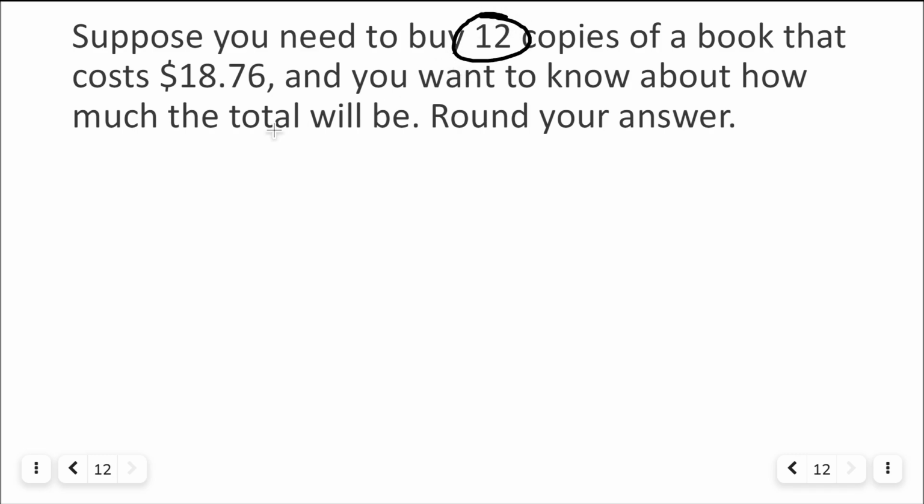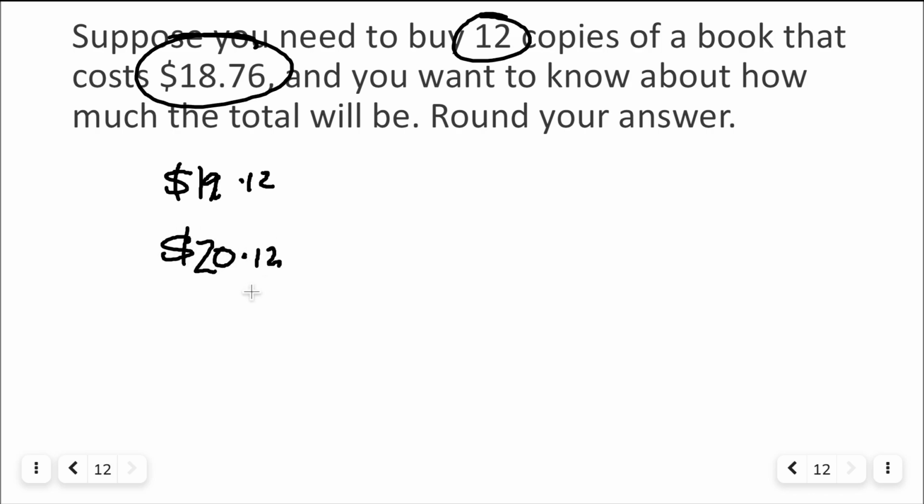We want to take 12 copies that cost $18.76. So I could round 18.76 to 19, but then I'm going to have to do 19 times 12, and I don't know if I'm particularly interested in that. I would rather do 20 times 12. I'm rounding my answer, so I'm going to do 20 times 12 instead.